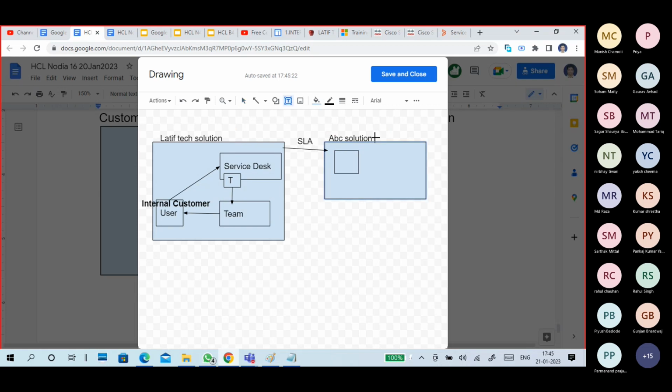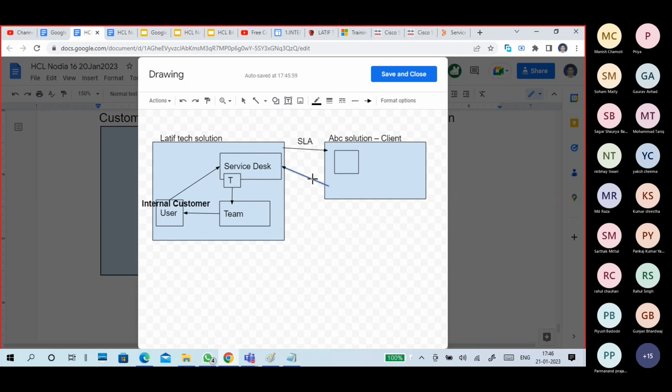So this is a client organization, and we are providing a service. Now, if this organization gets any issues, what will they do? They will approach the service desk.